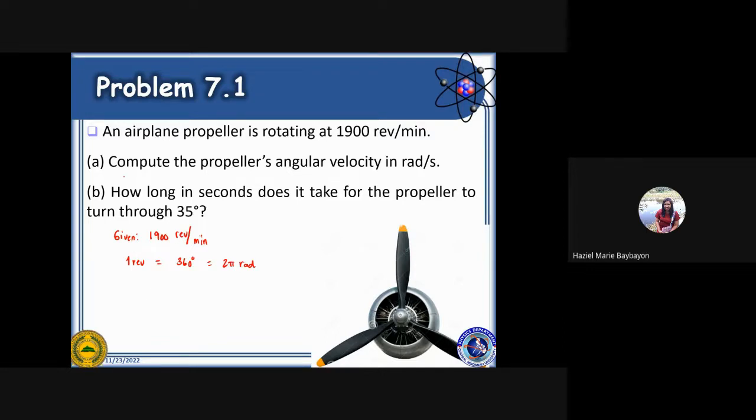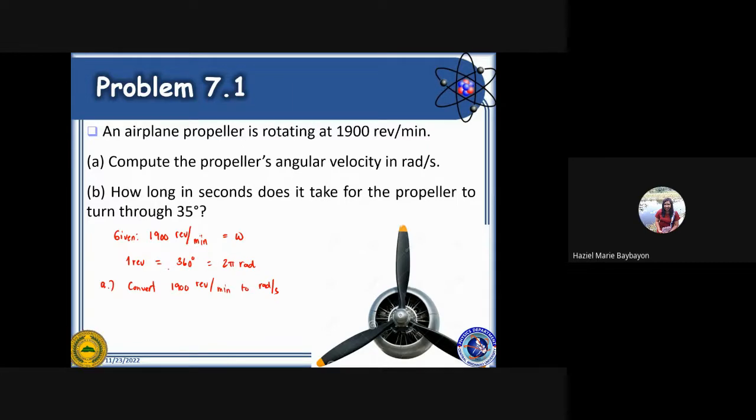Okay, so let us compute the propeller's angular velocity. This is the angular velocity, omega, in revolutions per minute. We will convert it into radians per second. Okay, so convert 1900 revolutions per minute to radians per second.